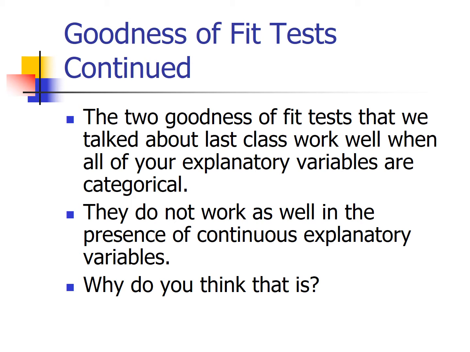So the covariate patterns that involve that value are going to have 0 observations or 1 observation, which means ultimately our sample size requirements can't be met. And so we need a different way of approaching goodness of fit in the situations where we have continuous explanatory variables.